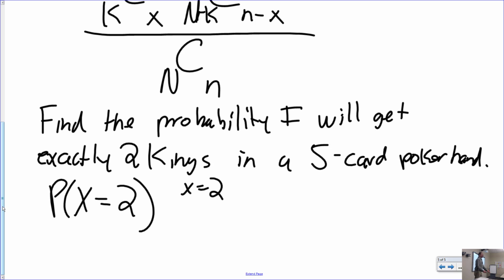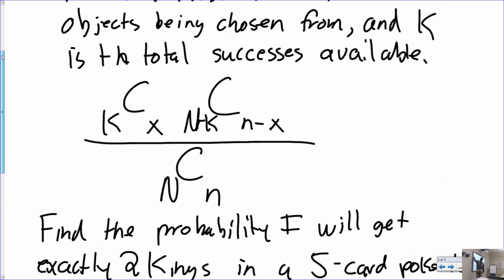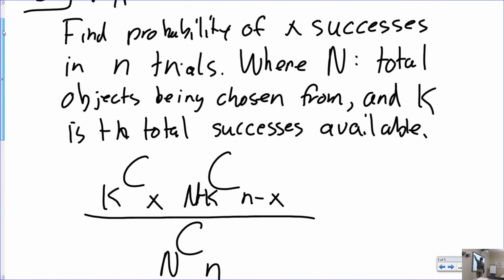What's my n? How many trials am I doing? How many cards am I getting? Depends, do you play with jokers? It's a legitimate question, because there's 54 with jokers, 52 without. 4 times 13. All right, so capital N is the total number of objects that you can choose from.